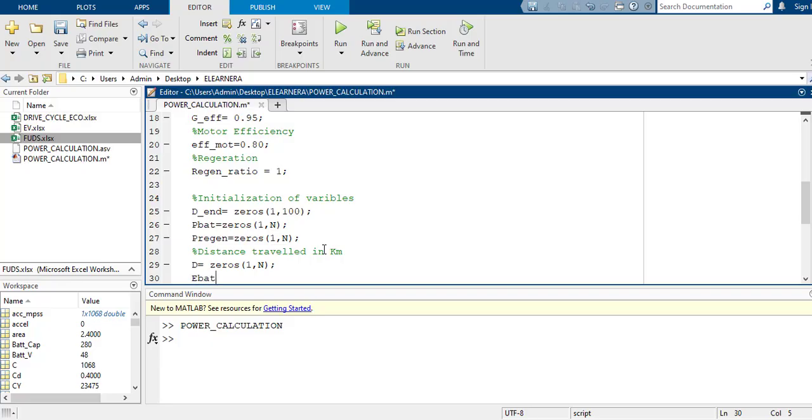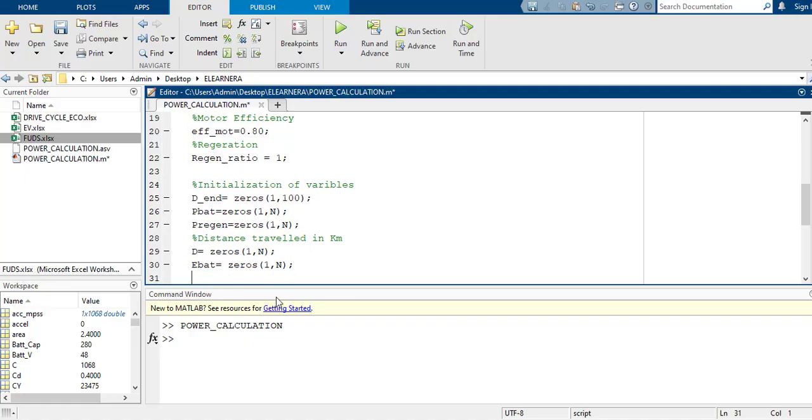Now E battery means energy of the battery. We are also giving this in matrix format. Then the total power, PTE, that is total power, we are also putting into matrix format.